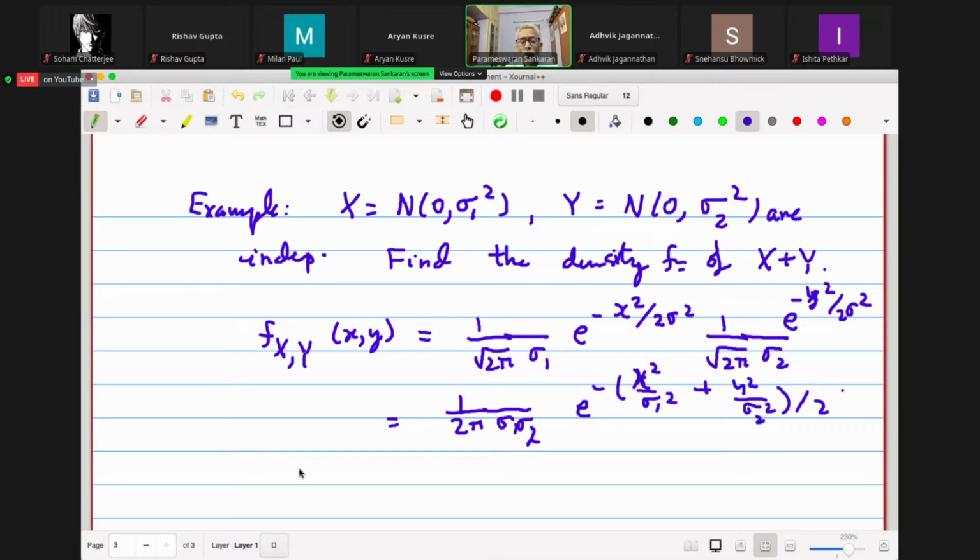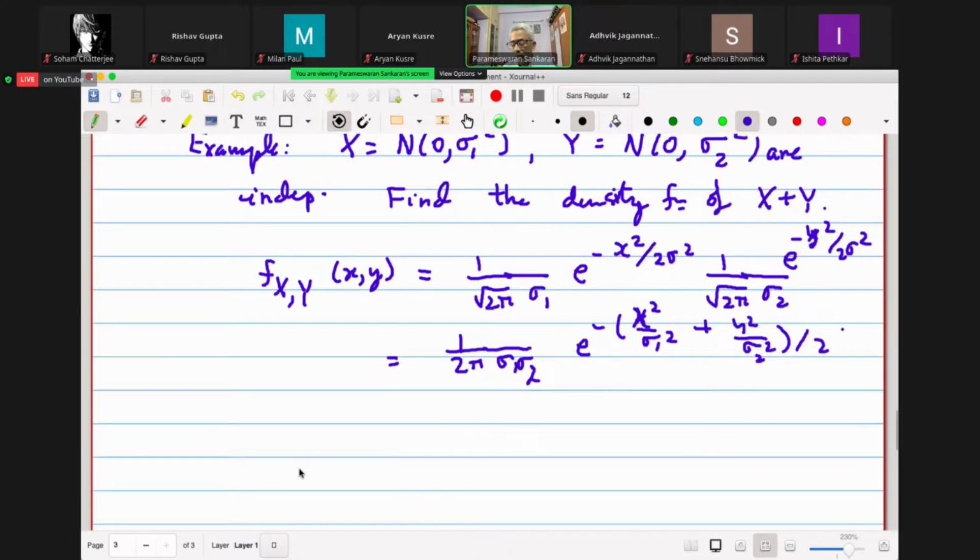So now this time we just apply directly, because it's independent, I want to use the convolution product.